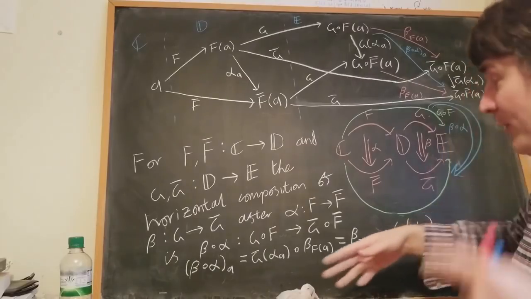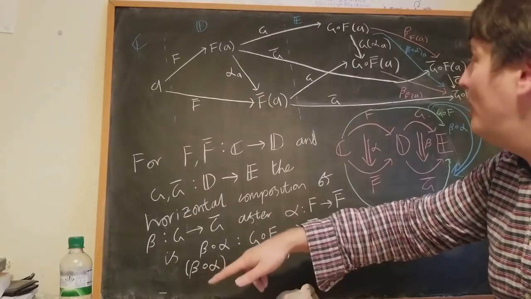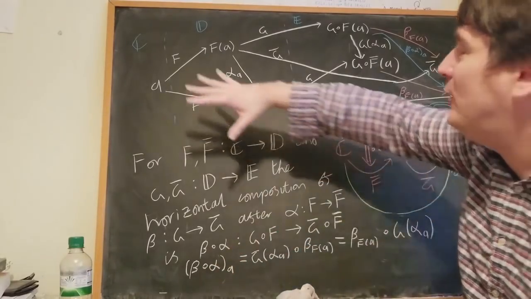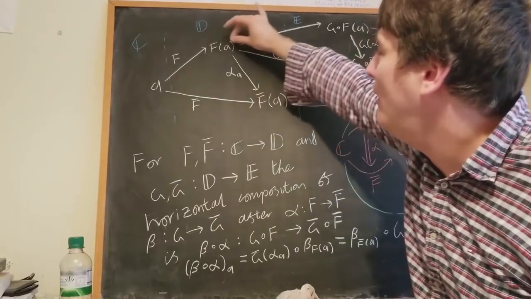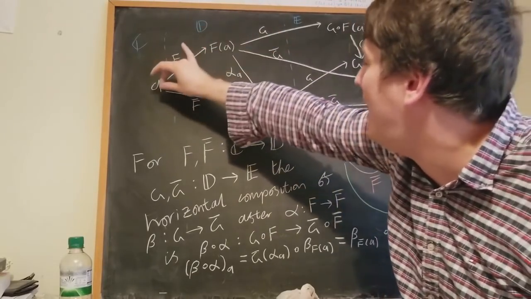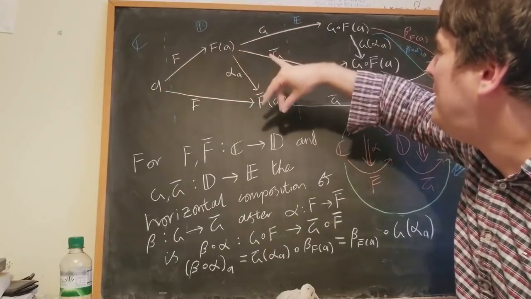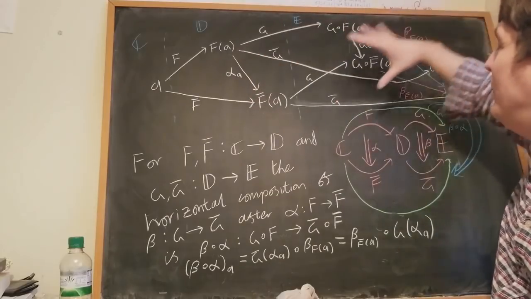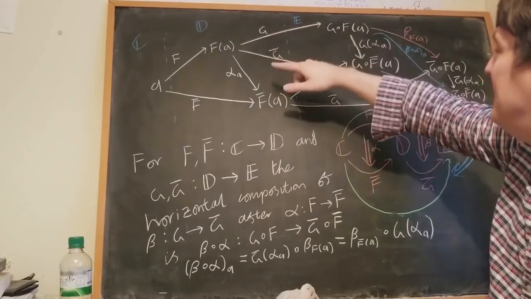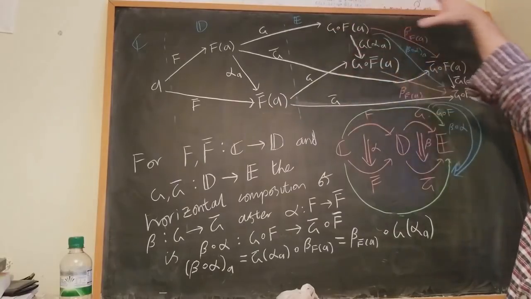So we have these two options about how we want to express this composition, but it basically comes from this picture where we start with an object, we say, how could it get sent under F and how could it get sent under F bar? So we have these two possibilities. And then again, we see how those two could be sent to different things under G and G bar. And then we end up with this square here.